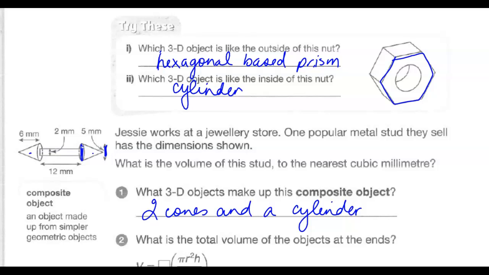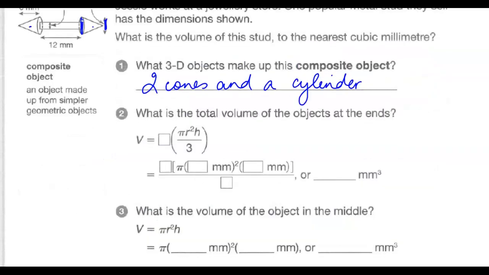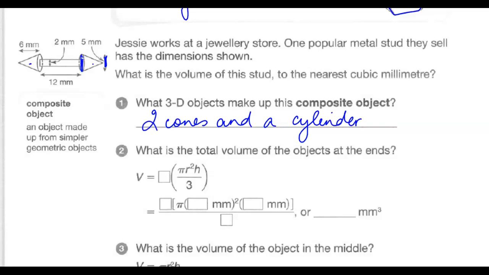So what is the total volume of the objects at the ends? Those cones. Remember the volume of a cone is pi r squared times the height divided by 3, or 1/3 pi r squared times height. Same thing. And we have two of them, so we'll have the two out front.